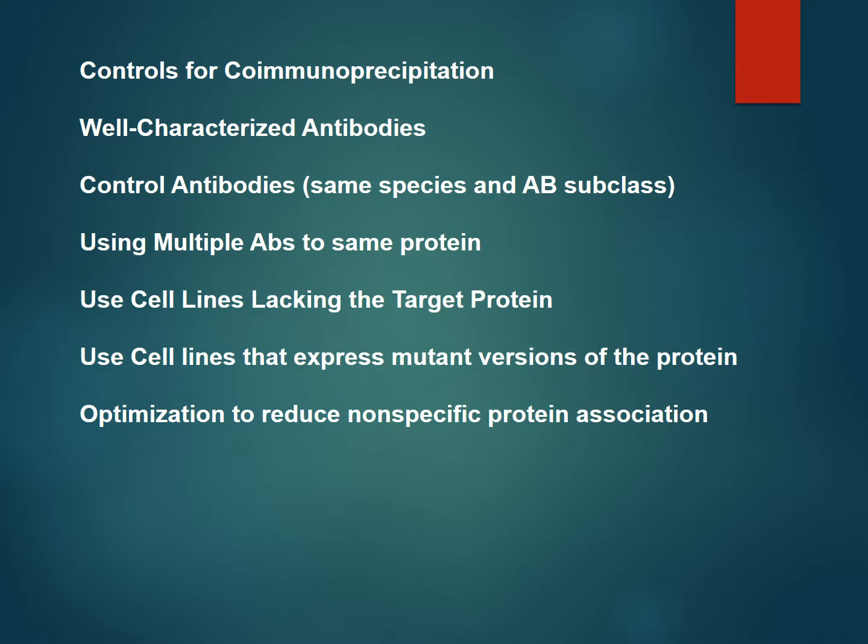So what are some controls when we're doing a co-immunoprecipitation? Well-characterized antibodies. We want antibodies that we know exactly what they bind. They don't cross-react. So we're dealing with known quantities here.